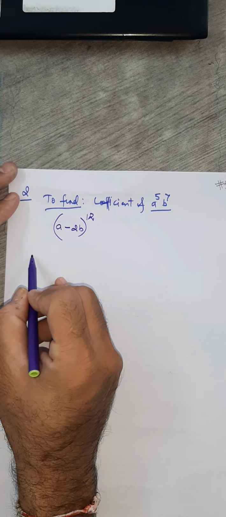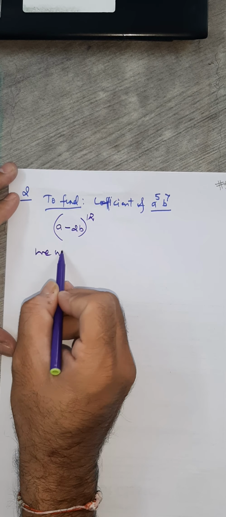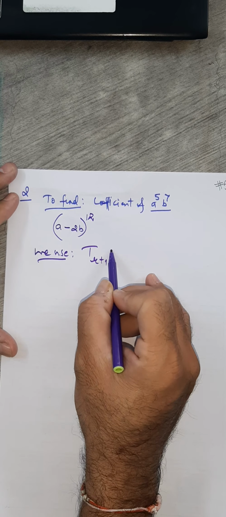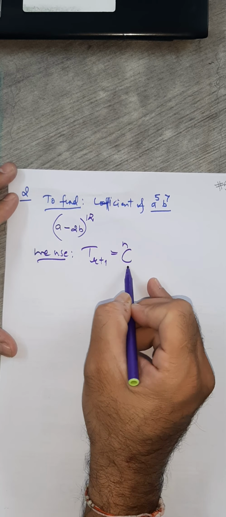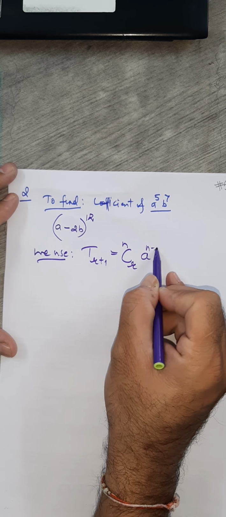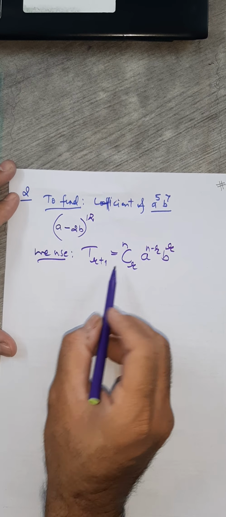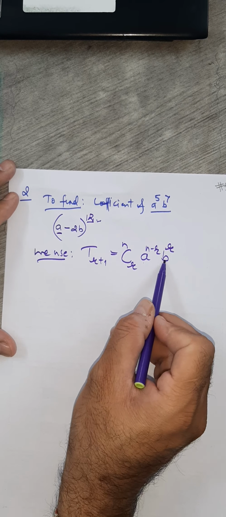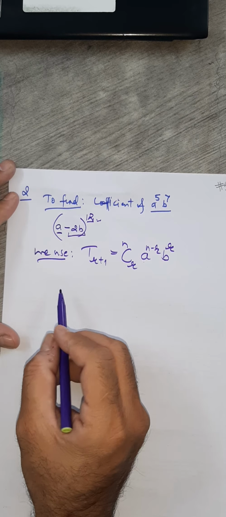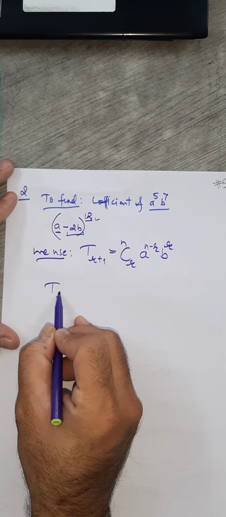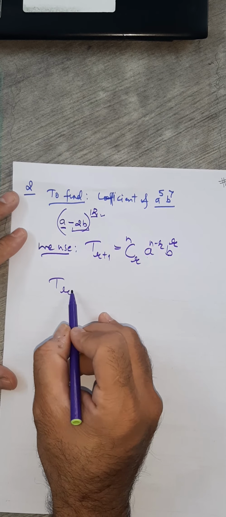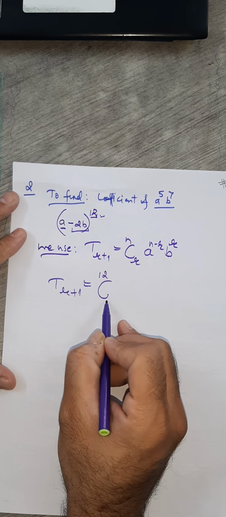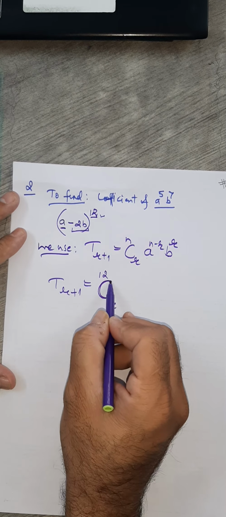Okay, so I'll use the T R plus 1 formula. T R plus 1 equals nCr into a raised to n minus r into b raised to r. What is n? 12. What is A? That is a. What is B? That is minus 2b, remember. So I'll use this. So your T R plus 1 equals 12Cr.